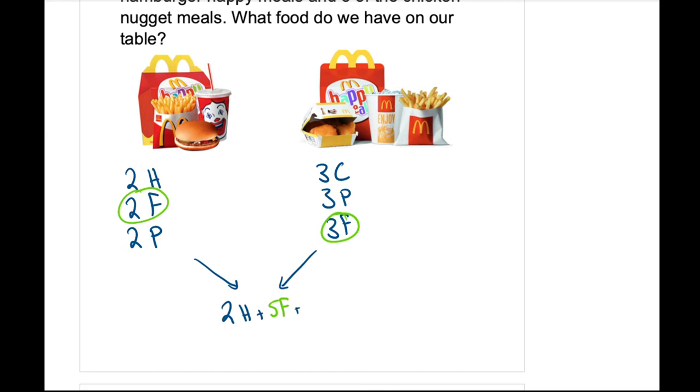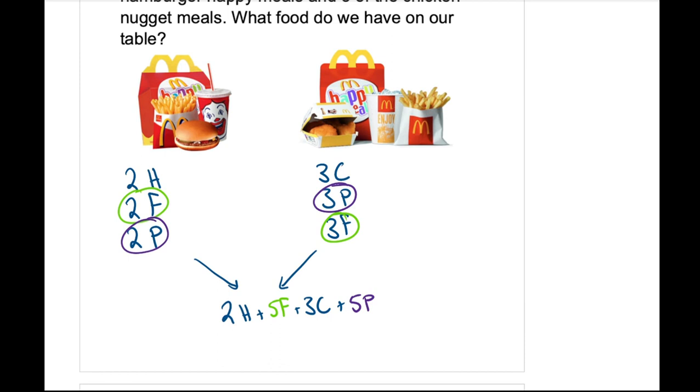Plus, you could say go back up and do the 3 chicken nuggets. Plus, we have 3 pops and 2 pops. So 5 pops in total. So overall on the table, I should have 2 hamburgers, 5 French fries, 3 chicken nuggets, and 5 pops. So this is an example of kind of distribution.